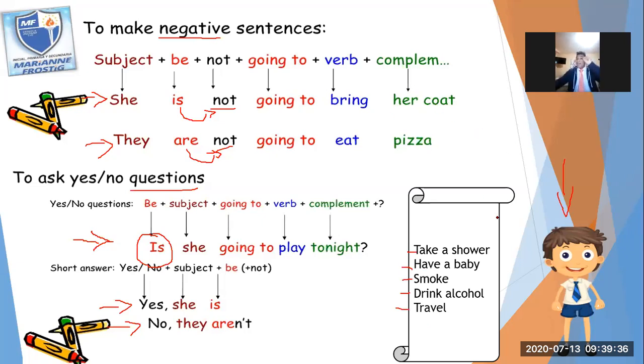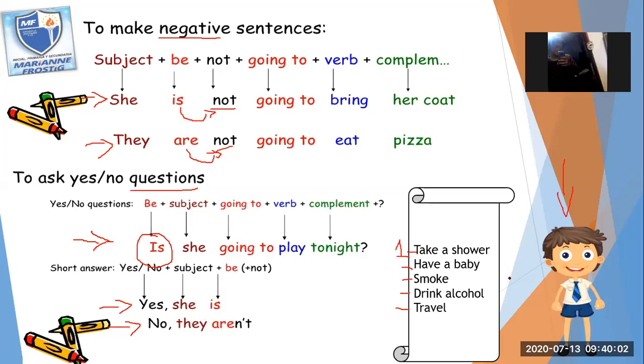I need a volunteer to tell me a negative sentence with verb number 1, with action number 1. Okay, Bruno, please. Tell me a negative sentence with verb number 1.